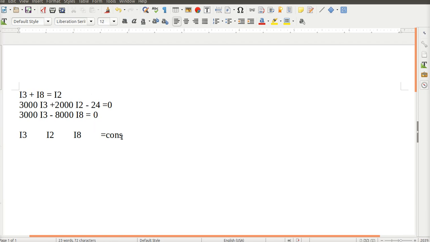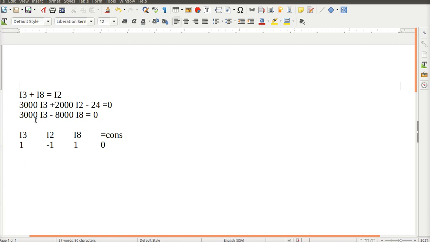I do have this 24, so it would be over here as a constant. So if I look at the coefficient of these equations and I put them into standard form, then this is a 1, this is a 1, and this is a minus 1. So from terms of coefficients, I have a 1. I2 would be negative 1. I8 would be positive 1, and my constant would be a 0.